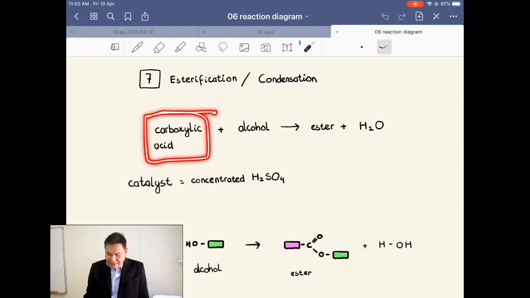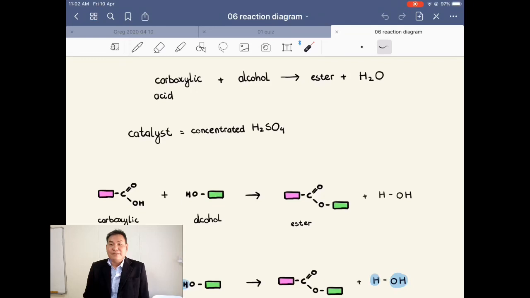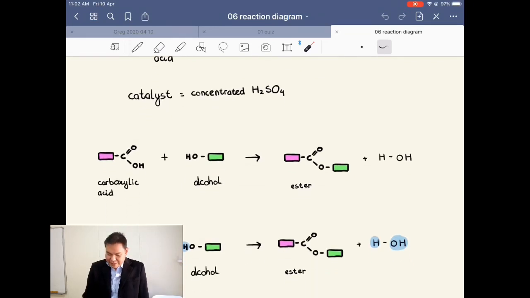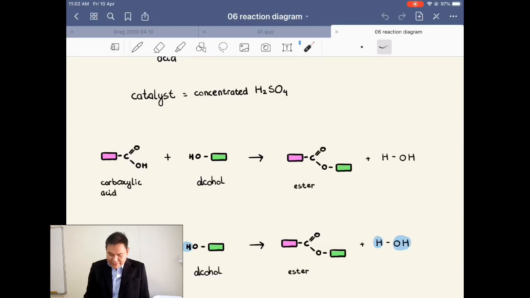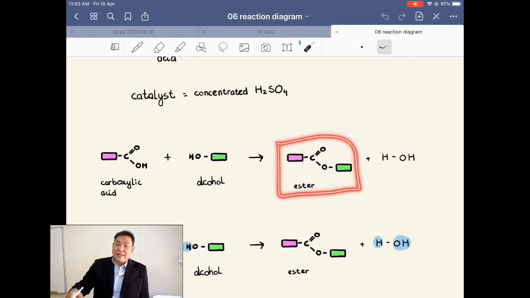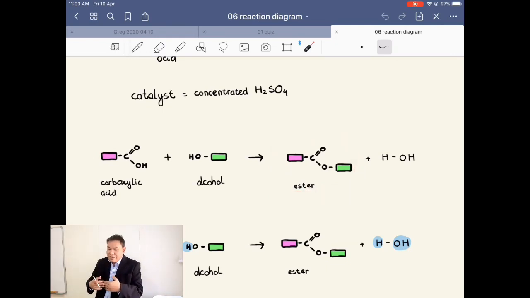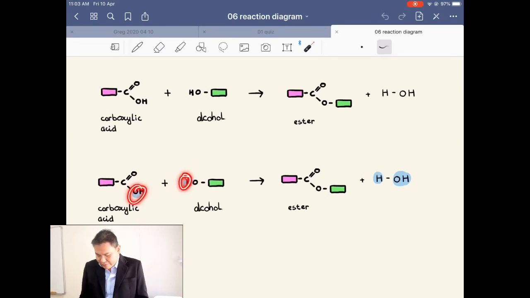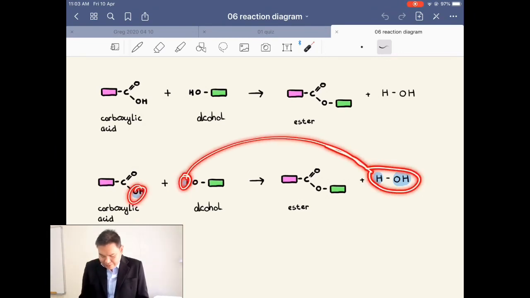Carboxylic acid reacts with alcohol to produce ester, and the byproduct of this reaction is water. Catalyst is concentrated H2SO4, and this is the reaction pattern. Carboxylic acid, something with COOH, and alcohol, something with OH. They react together to form ester. That means the carboxylic acid and the alcohol join together, and in the process they remove the OH and H to form water.